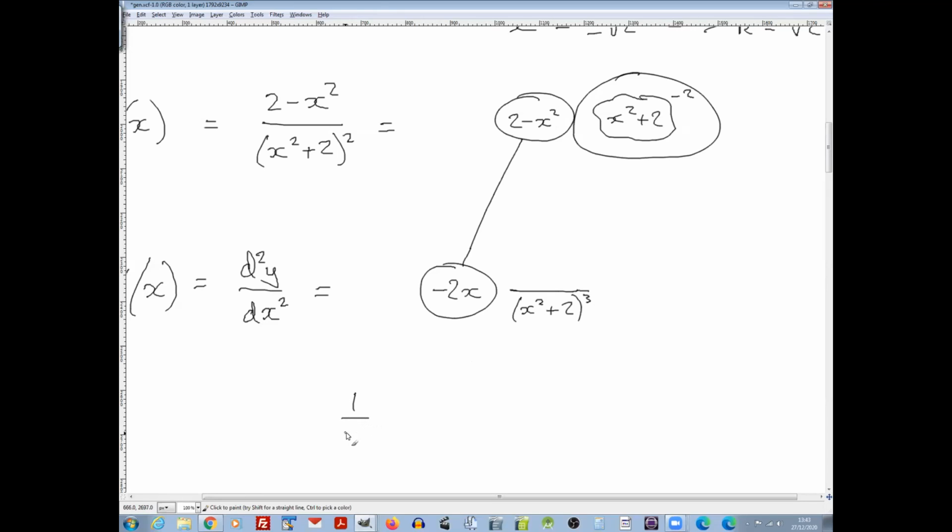1 over x squared equals what over x cubed? I'm not sure. Bear in mind, x cubed is xxx. Oh yeah, of course.